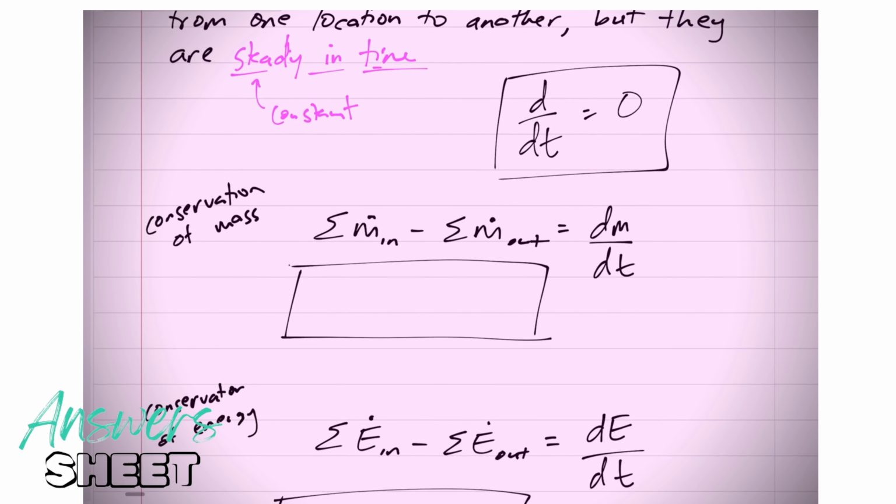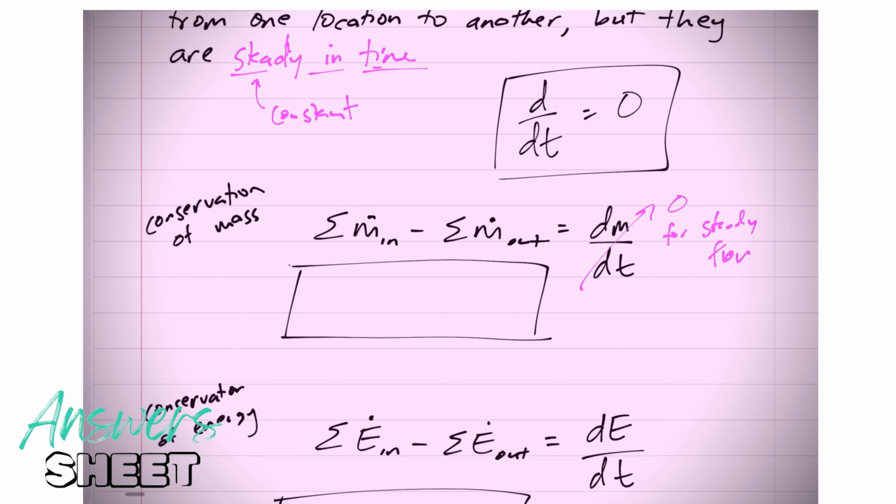So our conservation of mass: all the mass coming in minus all the mass going out equals the change in mass per time. The change in mass per time is zero for steady flow devices. Let me make a note: zero for steady flow devices. So now m in minus m out equals zero.